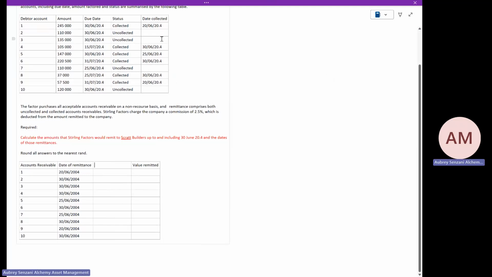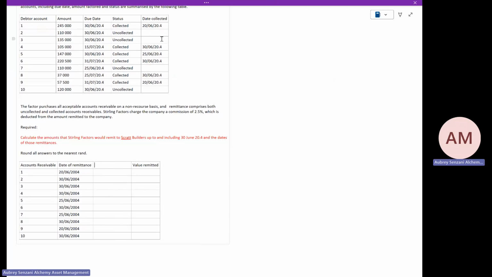Remit. To remit is to hand over, from a financial perspective. So if you see here, it says date of remittance. And if you look here on the first, for the first client, right? Debtor account number 1.